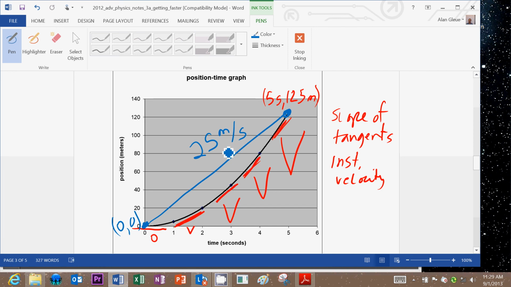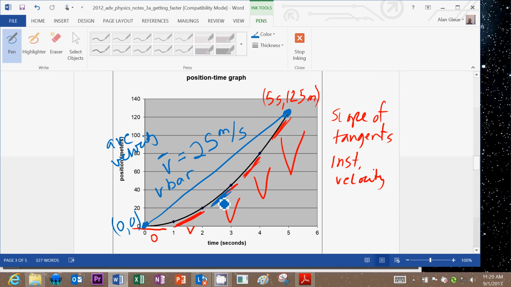Whenever we take two endpoints on a position time graph and get the slope, that would be our average velocity, and that's given the symbol v bar. All right. Now, was the car going at that average speed?